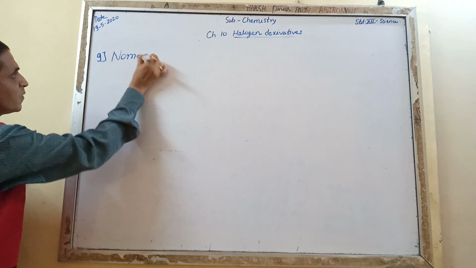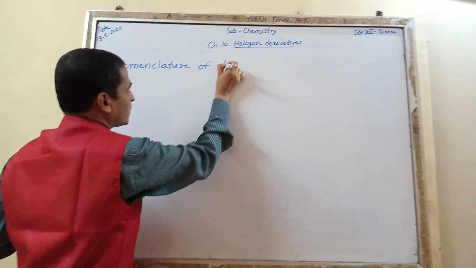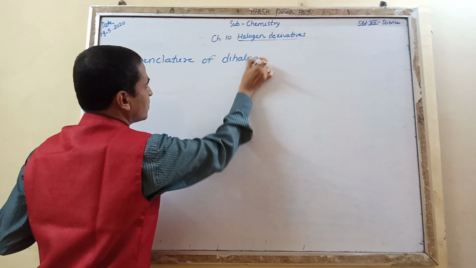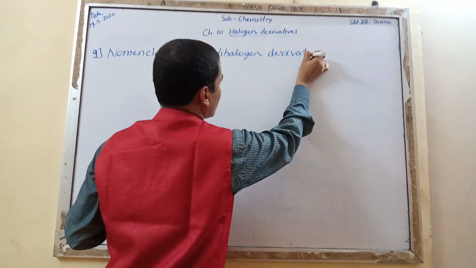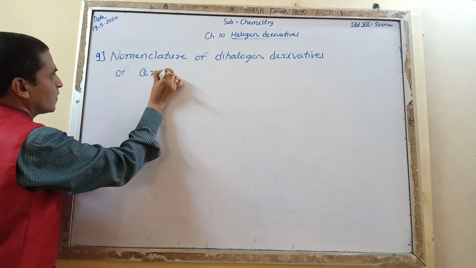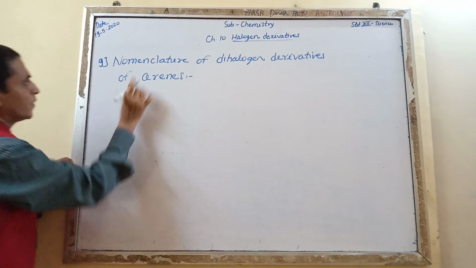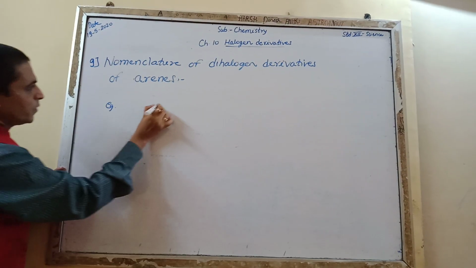Nomenclature of dihalogen derivatives of arenes. See the example.